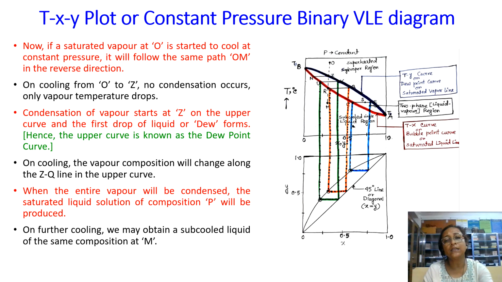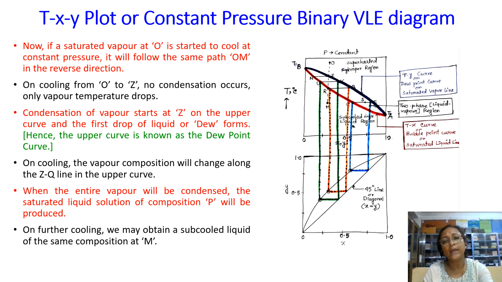So from this discussion, it is clear that this TXY plot gives us an idea that on vaporization of a binary solution, in the vapor phase, the more volatile component mole fraction generated at equilibrium is always higher than the corresponding more volatile component composition in the liquid phase. All the tie lines indicate the same.